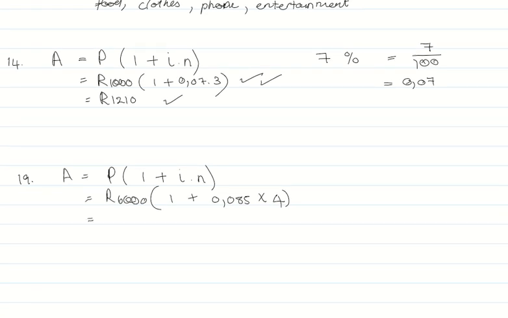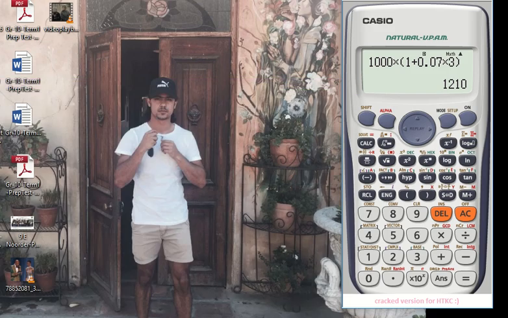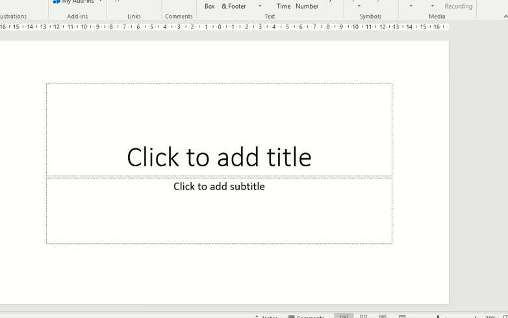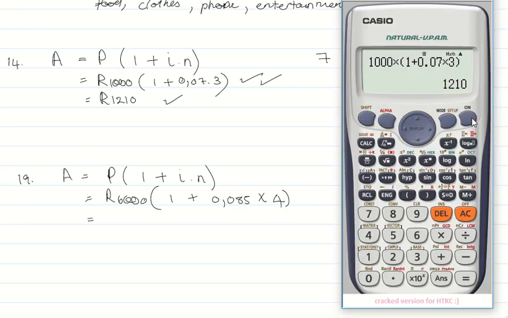Now I go to my calculator, and I simply type in the following. Sorry. I type in 6,000 Rand multiplied by bracket 1 plus 0.085 times 4, and I get my answer, which equals 8,040. 8,040, alright?